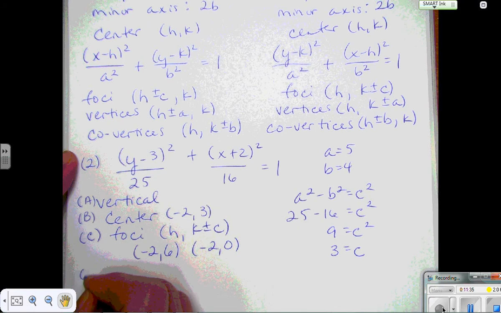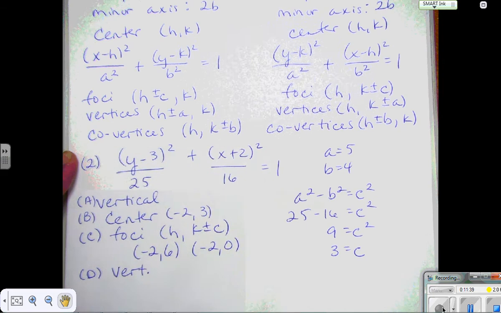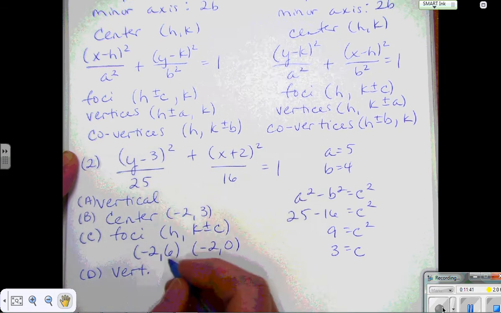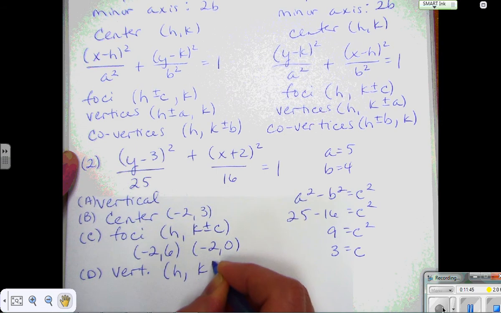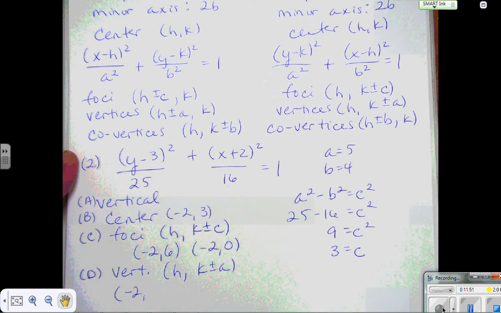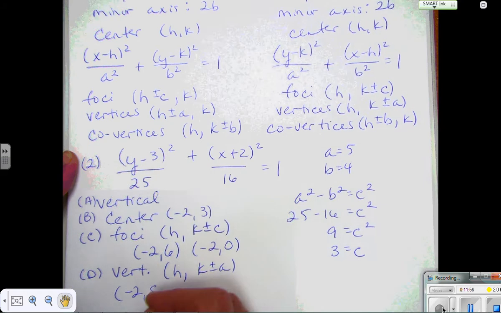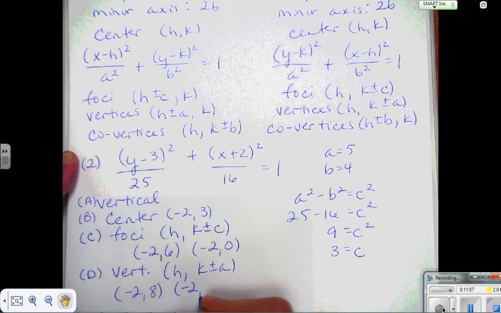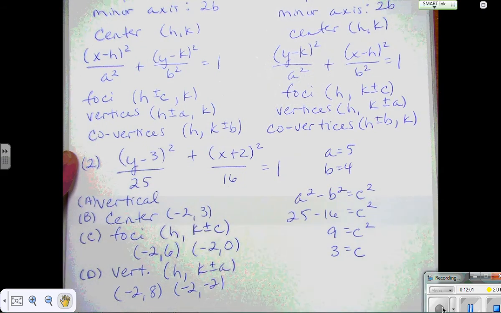Okay, on part D, it says to find the vertices. So for a vertical ellipse, the vertices are whatever h is, and then k plus or minus a. So I'm going to have -2 and 3 plus 5, that's 8, and then -2 and 3 minus 5, that'll be -2.